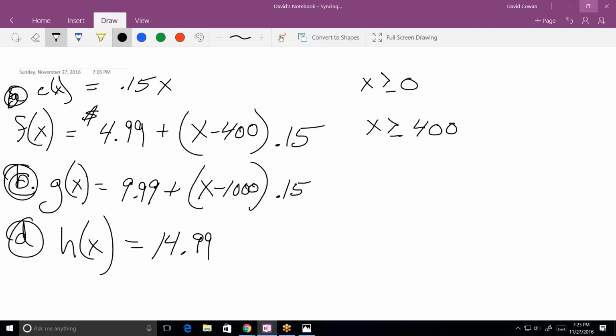Well, let's call that d. I don't like using the variable e. d of x. So that one makes perfect sense, right? If we choose no plan at all, we're just going to pay 15 cents times however many minutes we use.